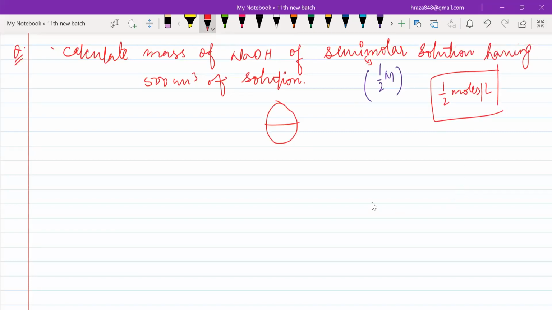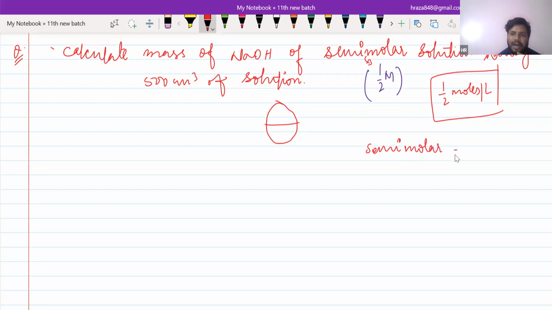Sometimes this term is used. It can be given that semi-molar, semi-normal. This is very important. If I tell you semi-molar, that means half molarity. If semi-molal, that means half molality, moles per kg.